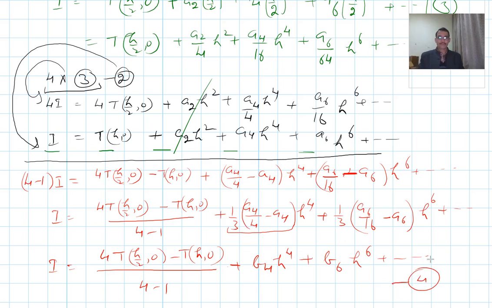So now proceeding in a similar manner, I can simply write this term as T_{h/2,1}. If we call it like this, then this integral I will be equal to T_{h/2,1} plus b4 h raised to power 4 plus b6 h raised to power 6 and so on.